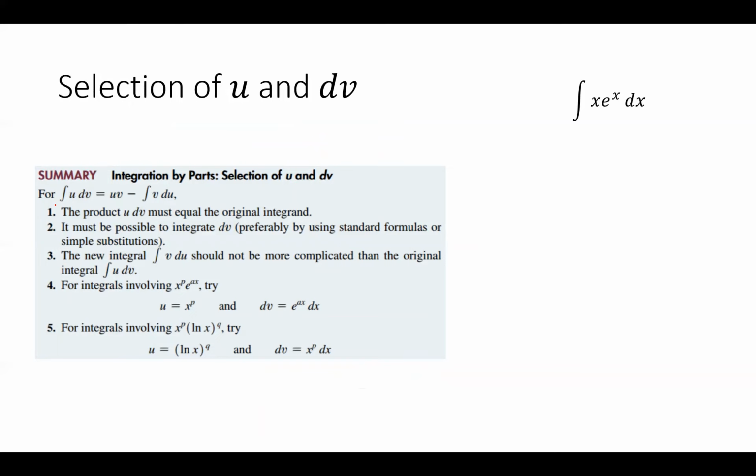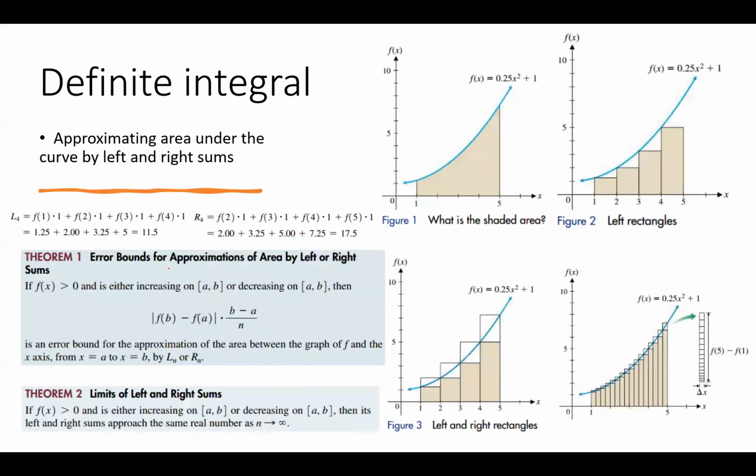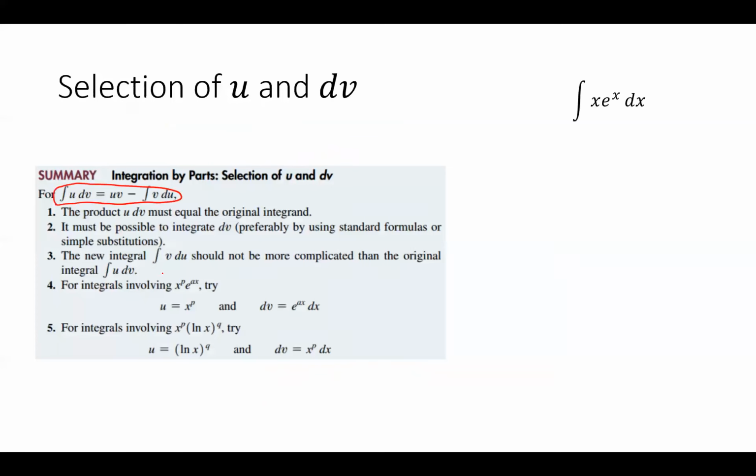So based on this formula we have, the general expectation is that this new integral should not be more complicated than the original integral. So we hope that this new integral will be simpler than the original integral, so that it's easier to calculate.